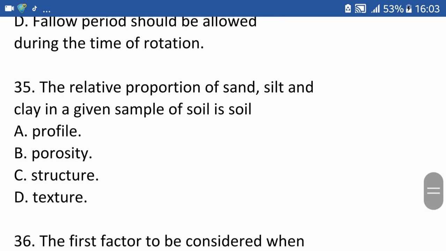The relative proportion of sand, silt, and clay in a given sample of soil is soil.